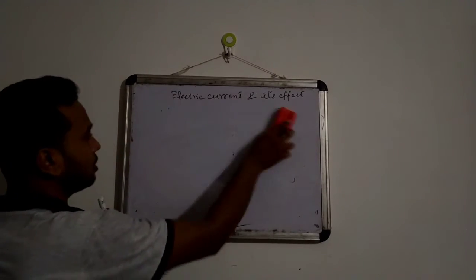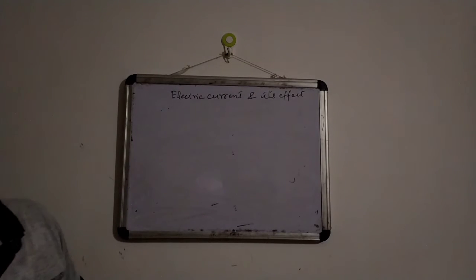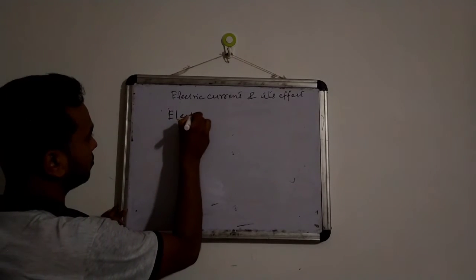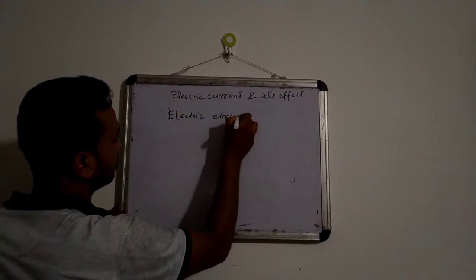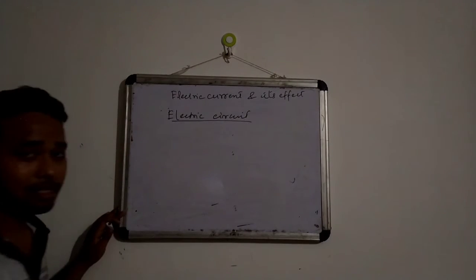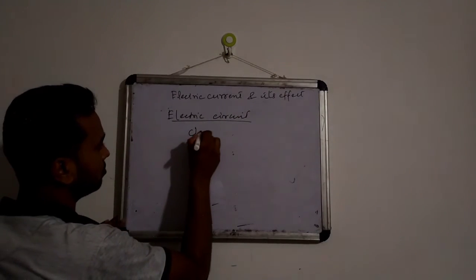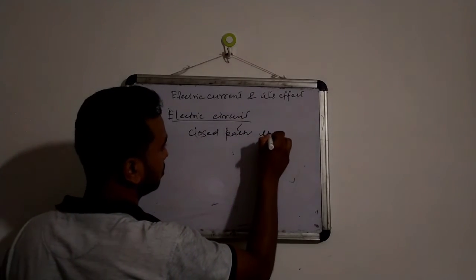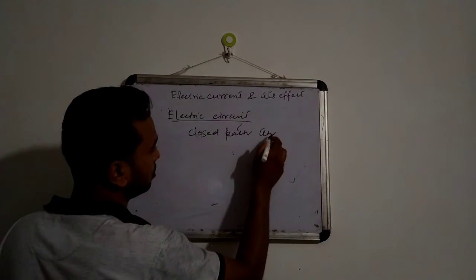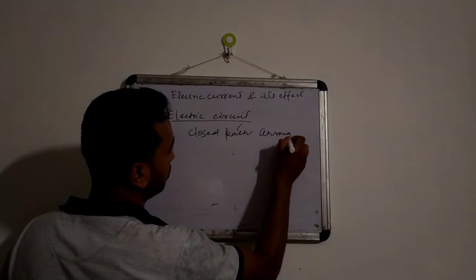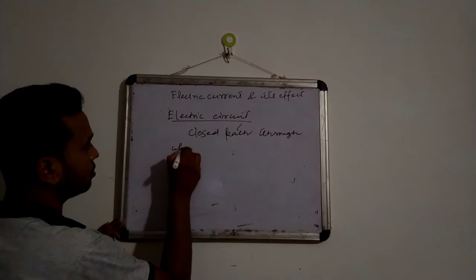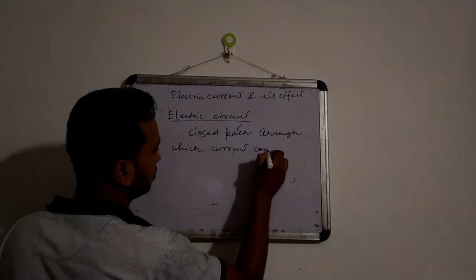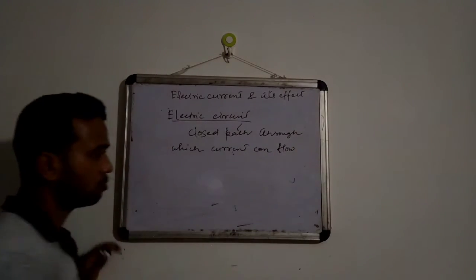So what is electric current? It is clear. Now electric circuit. So electric circuit is a closed path through which current can flow.